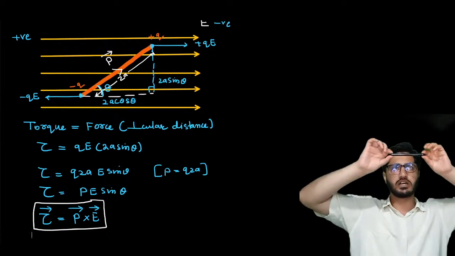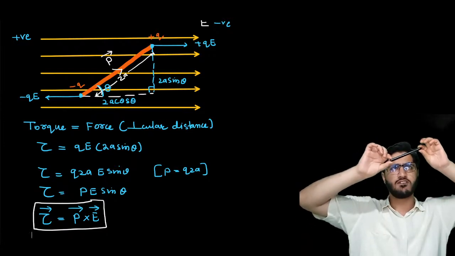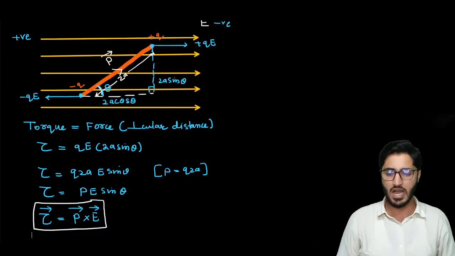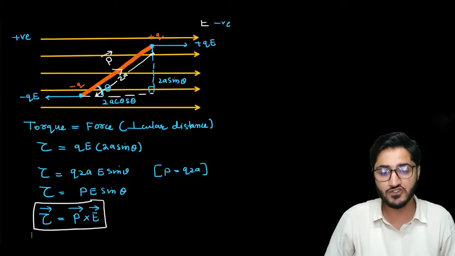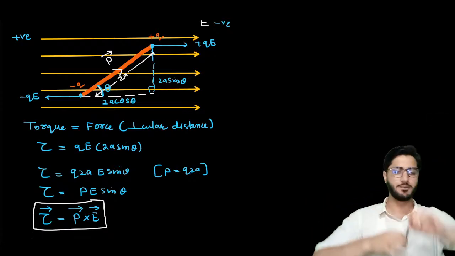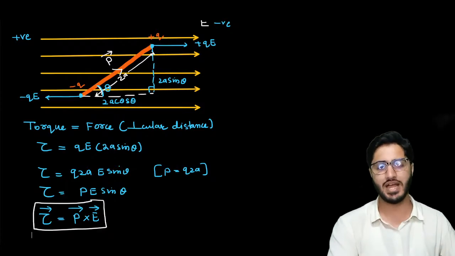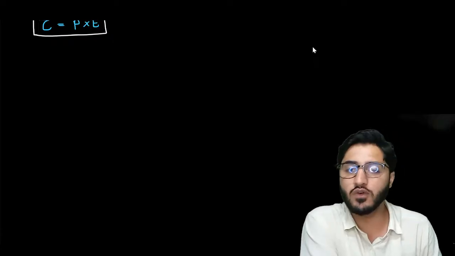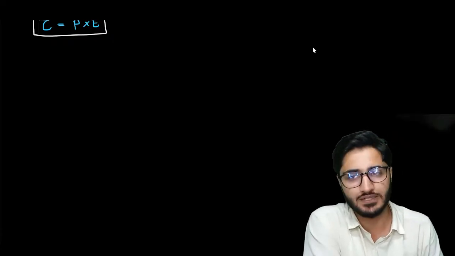So look, how much work done do I need to apply to rotate the dipole by a small angle theta? I will write here, work done equals force into displacement.